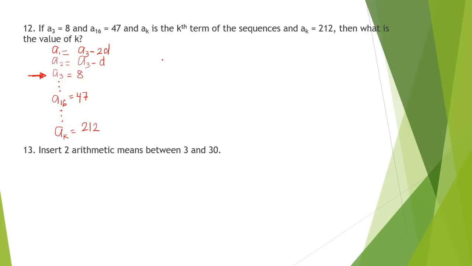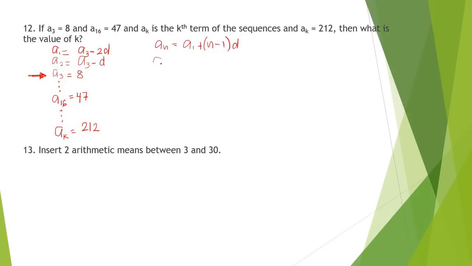Now, take note that we are given our 16th term, which is equal to 47. We will use this information. So we have an is equal to a1 plus n minus 1 times d.